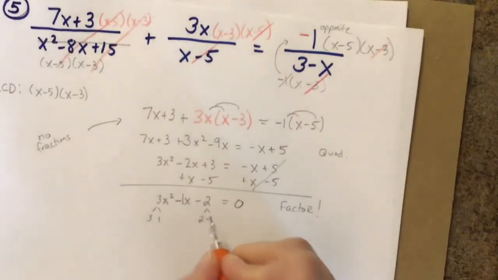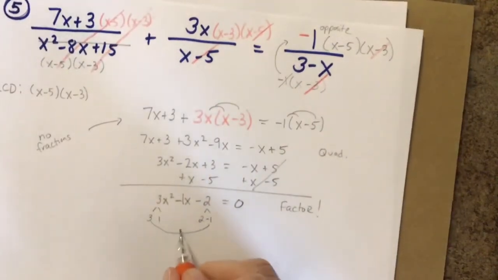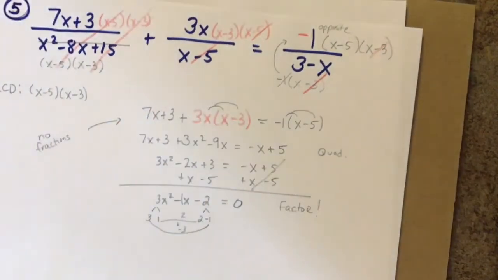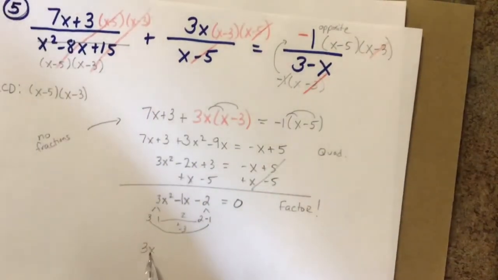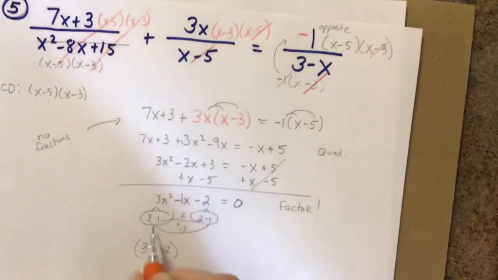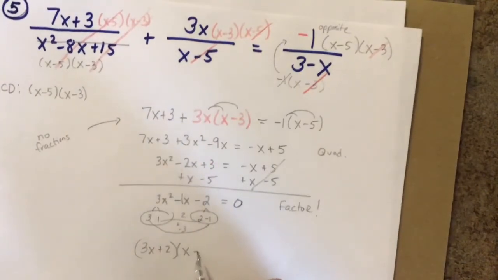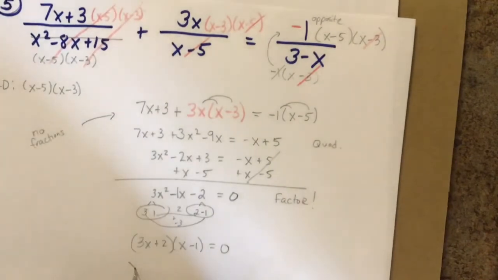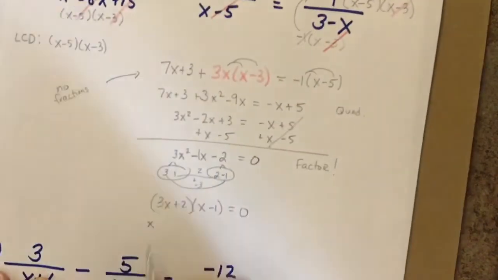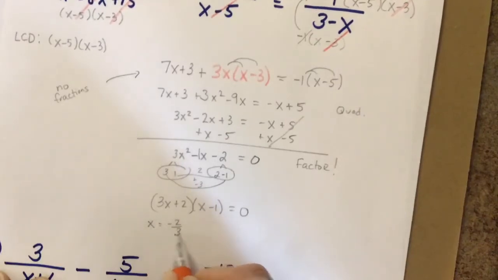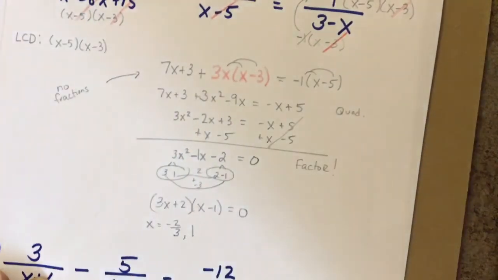So I have to actually make my 1 negative, that's negative 3, and positive 2 adds up to negative 1. So I've got 3x going with plus 2. All right, and x minus 1. So I subtract 2, divided by 3, x equals negative 2/3. Add 1, positive 1. Okay.